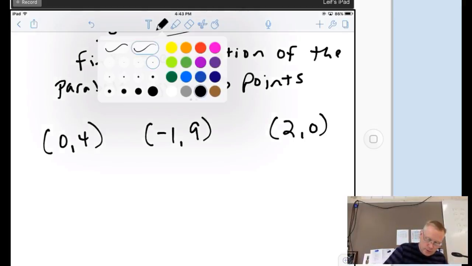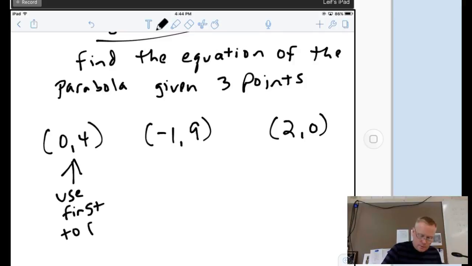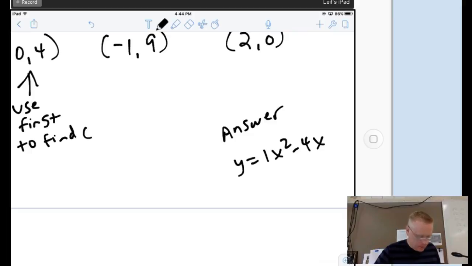Remember to use this one first because it has an x-coordinate of 0, okay? To find c. All right, so I'll tell you what, I'm going to give you the answer to this one, just so you're not pulling your hair out. You're going to have to show me some work in class. The answer is y equals 1x squared minus 4x plus 4. Okay, so show me how you got that.